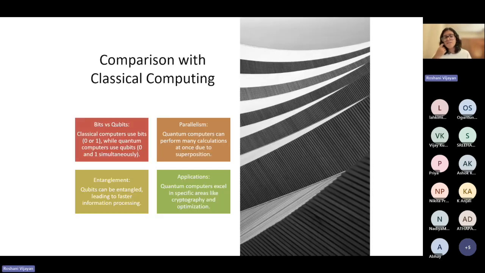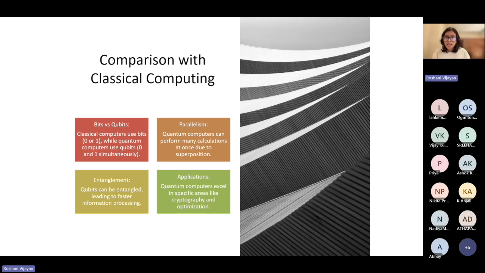So this is a bit of a recap of what we've done so far, comparing classical computers and quantum computers. As I've gone over before, classical computers work with binary bits, which are zeros and ones, whereas quantum computers work with qubits, which exist in superposition, so 0, 1, everything in between.